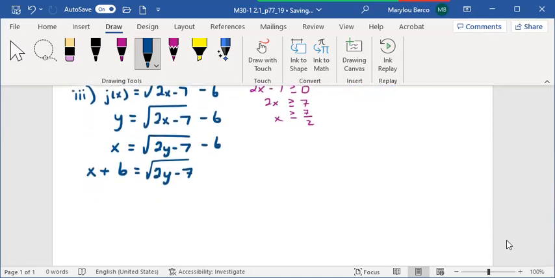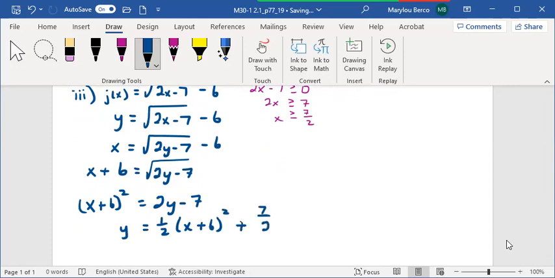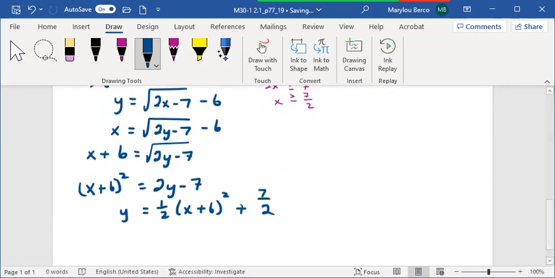Squaring both sides, we get (x + 6)² = 2y - 7. y is equal to 1/2 (x + 6)² + 7/2. So the inverse of j(x) is 1/2 (x + 6)² + 7/2. x is greater than or equal to -6.